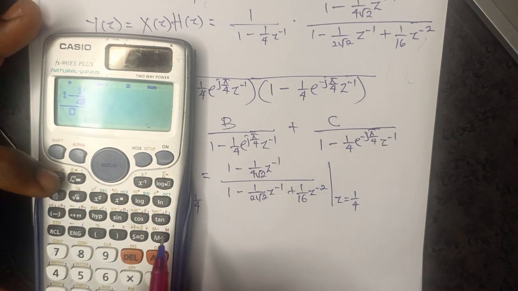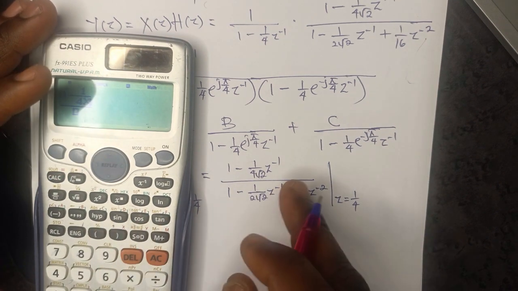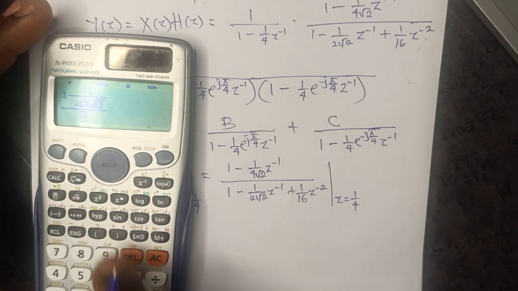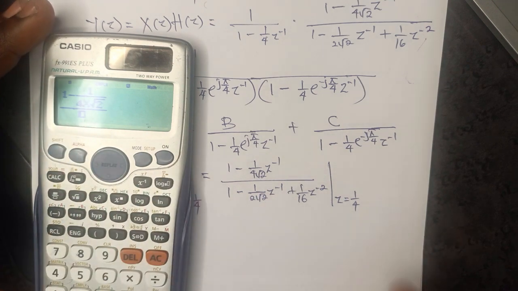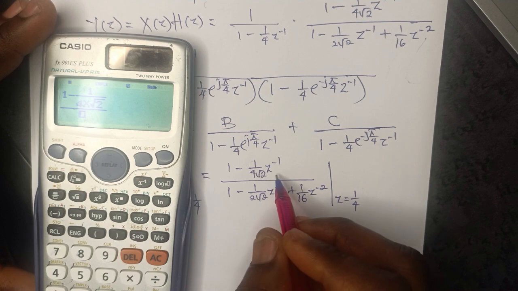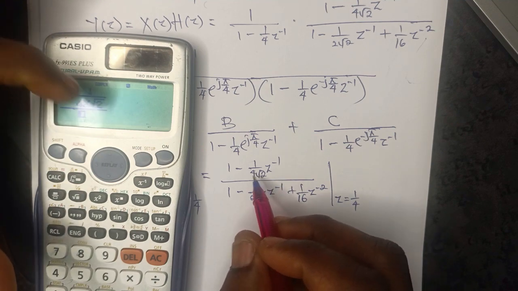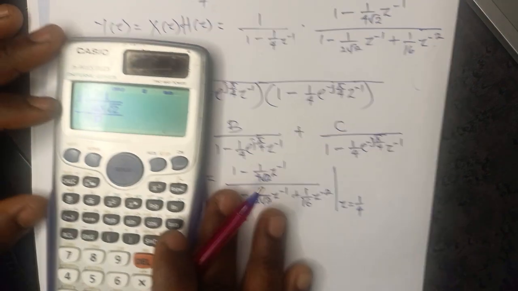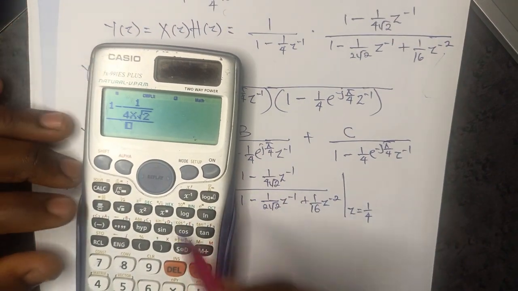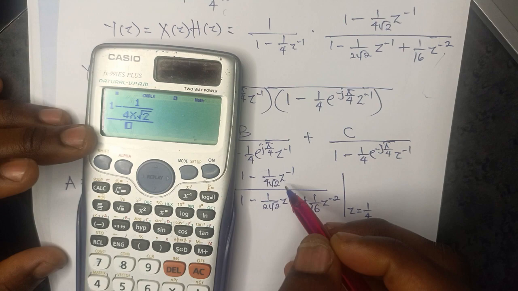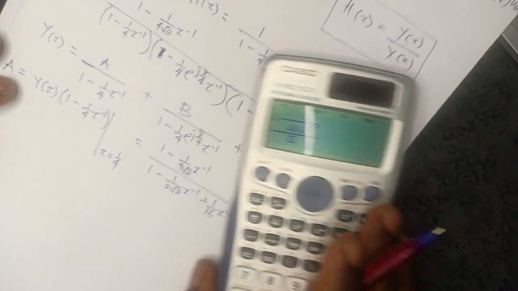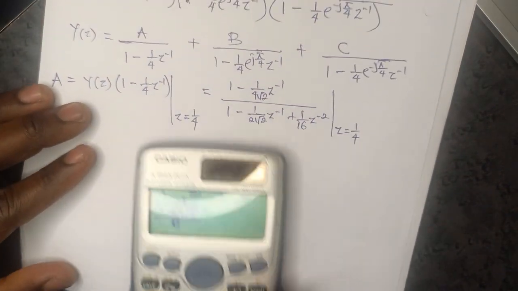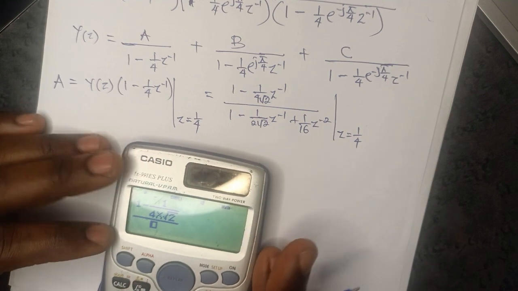Then we replace this z by x. I'm using x in this calculator as a variable to represent z in this expression. So anywhere we see z here, we'll be putting x.